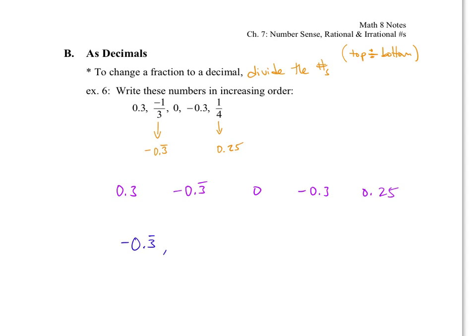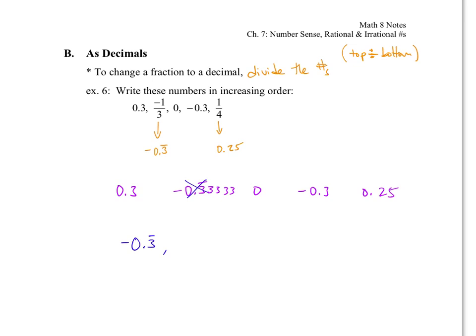What's my next smallest? So we've used that one. Repeating ones are smaller than just the one that ends. So negative 0.3 repeating is going to have a bunch of 3s; it's going to go on forever and ever. As you go more negative, the numbers look like they're getting bigger, but that one would only have zeros at the end. So what's next?